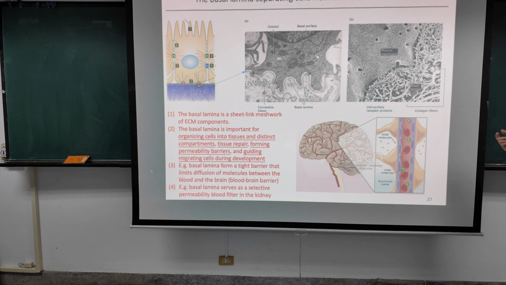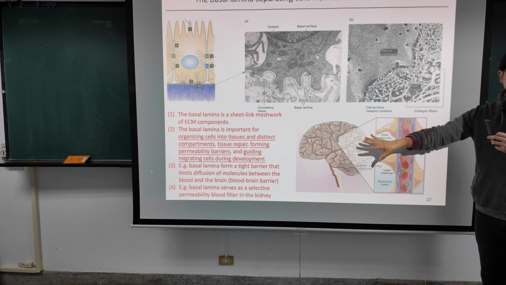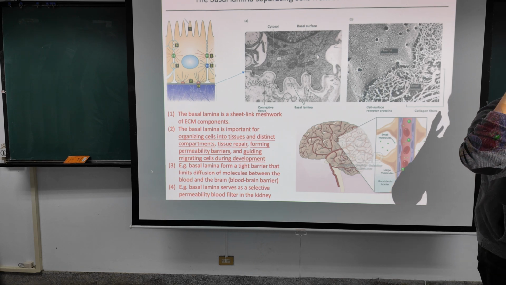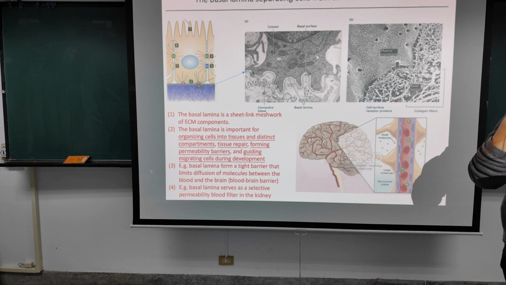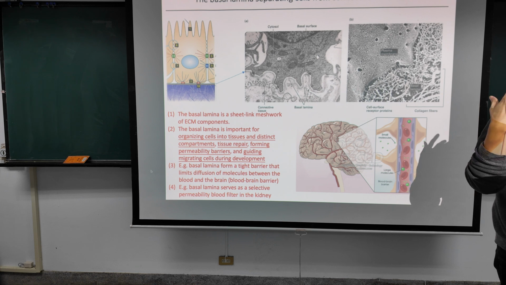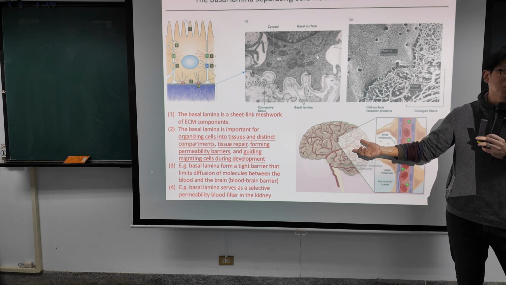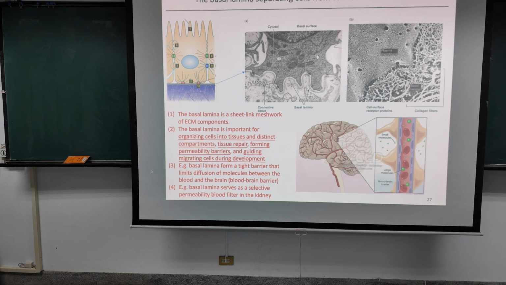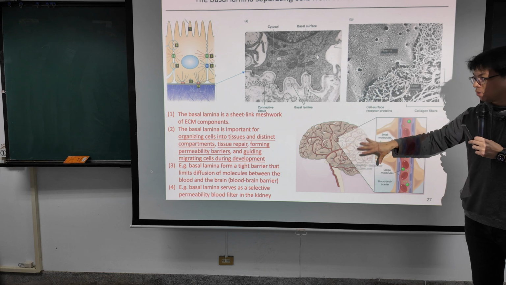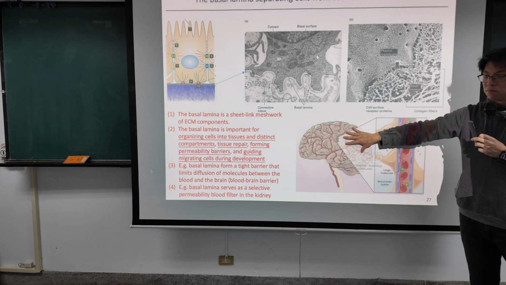Okay, so our brain is only about 2% of our body weight, but it's highly energy demanding. It needs 20% of the total energy. Okay, so the energy mainly comes from the circulation. So that is why a lot of blood vessels can be found in the brain.